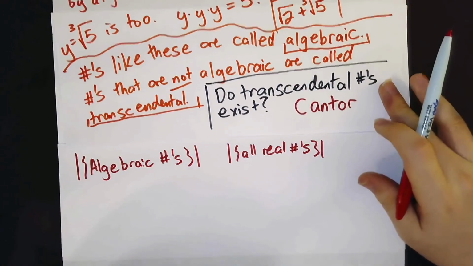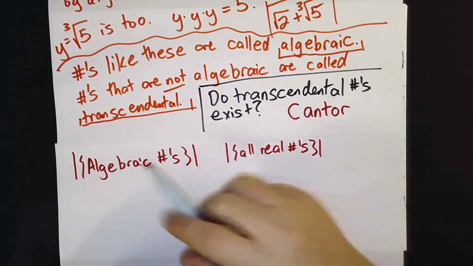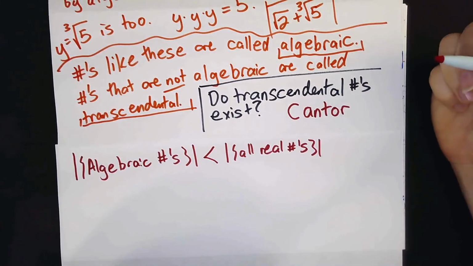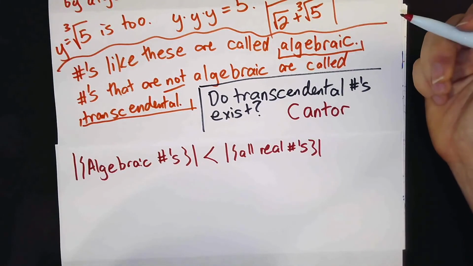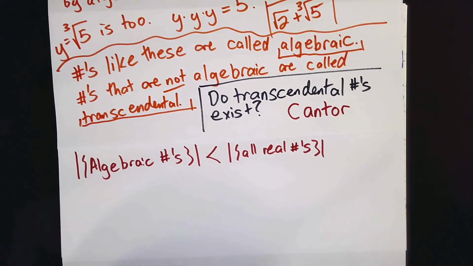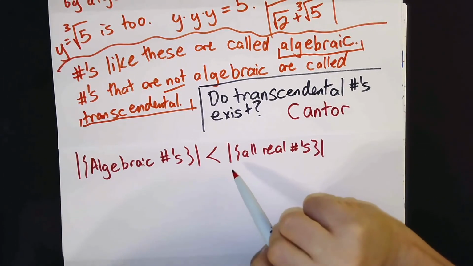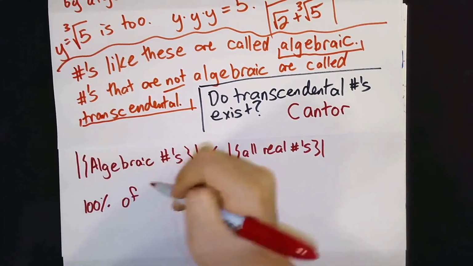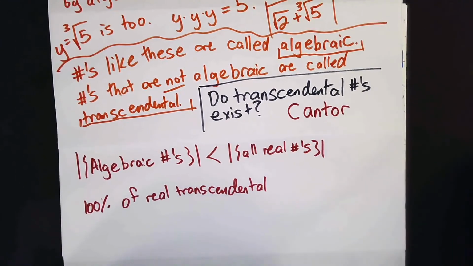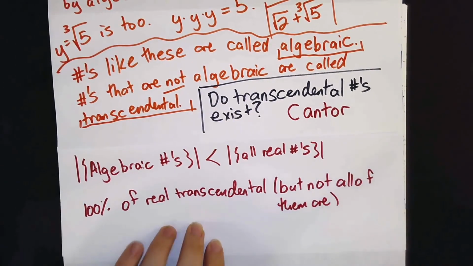And so what Cantor proved is that in fact the set of algebraic numbers is strictly smaller than the set of all real numbers. And so in fact one consequence of this, and we'll talk about this again later, so this is really a plug for later in the course, is that this really means that 100% of real numbers are transcendental. In a very precise sense, but of course not all of them are.